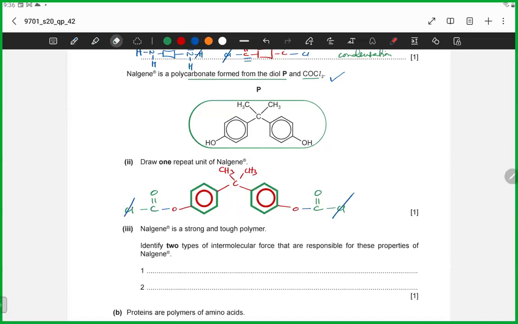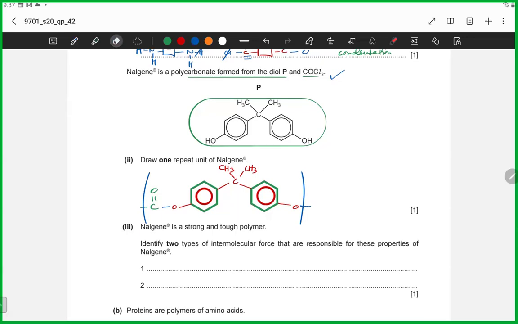Now you're being asked to draw one repeat unit. The repeat unit is basically, if you start from this point, when does it start repeating again? It's probably going to start repeating exactly at this point. The whole thing starts repeating and you're supposed to only draw one repeat unit. So I'm going to rub that off.